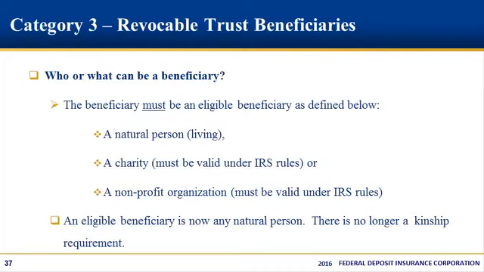This means that an owner can now name any living person as a beneficiary, even if they are not related. And in addition, any charities or nonprofit organizations named as beneficiaries that are valid organizations under IRS rules would also be considered eligible beneficiaries.